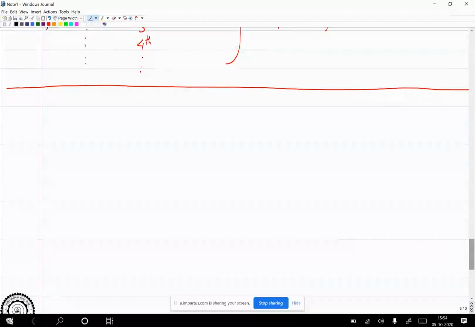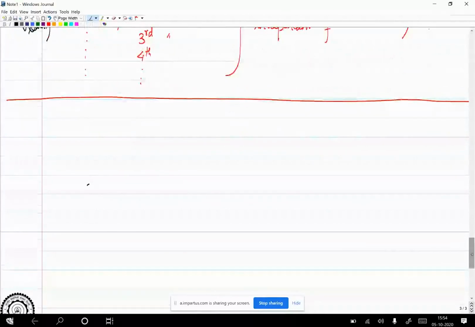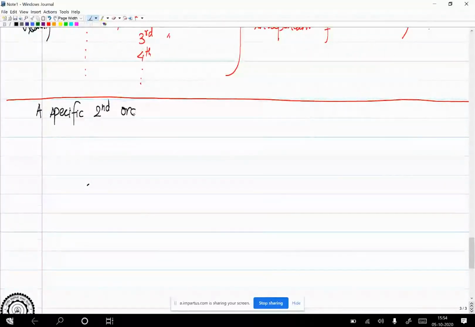Let's talk of a very specific second order tensor. That is given by the following notation: V1 and another symbol V2.